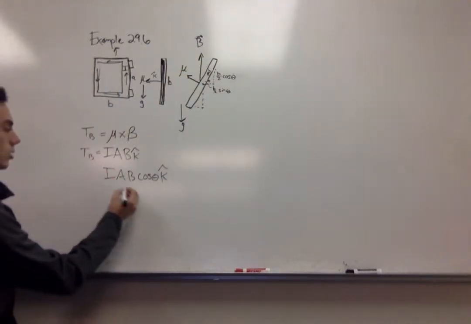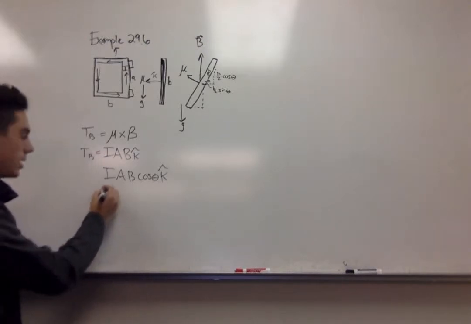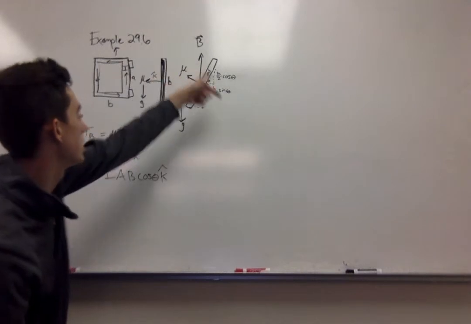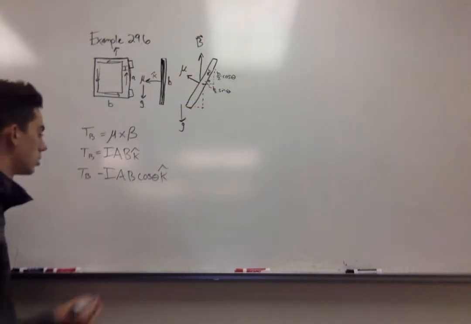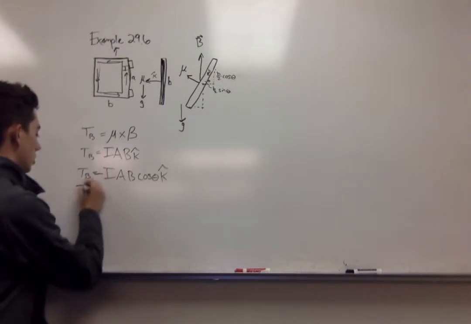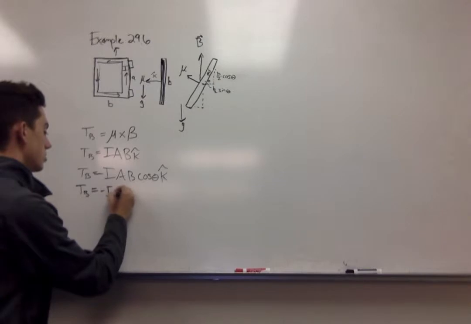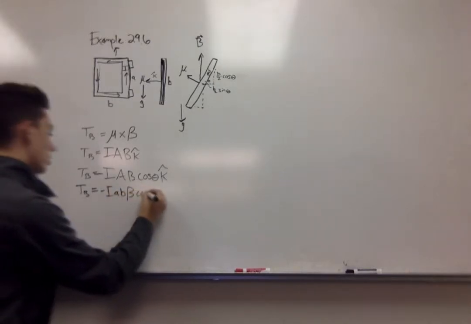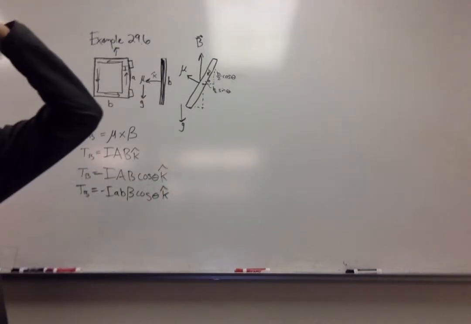So this is actually going to be negative because it's pushing in the opposite direction. And we know that the area of this rectangle is going to be A times B. That's the electric field, cosine theta, k hat.